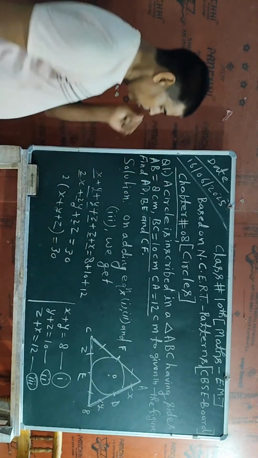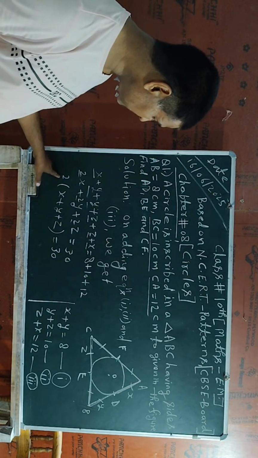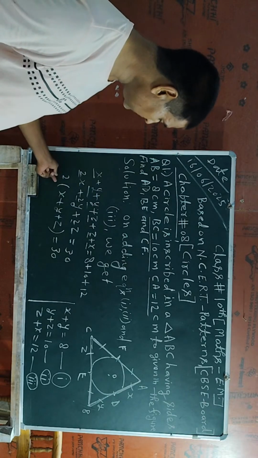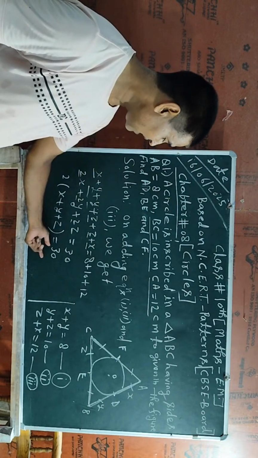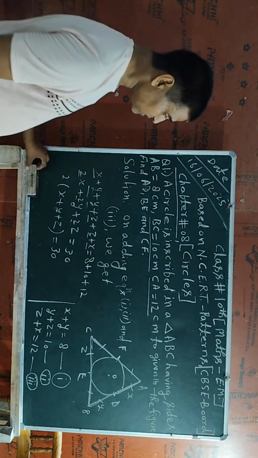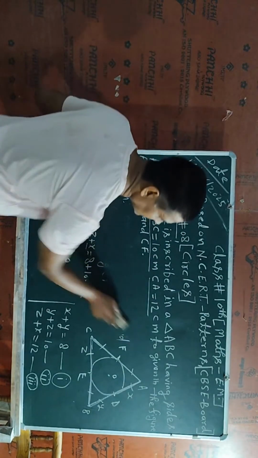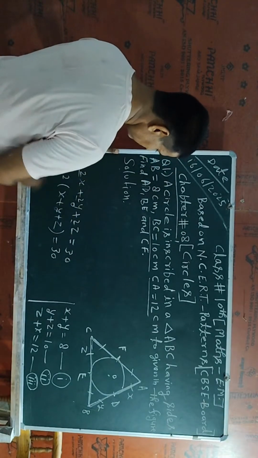Okay. Now further I will multiply here. 2 is multiplied with this parameter, so 2 will go to the right hand side, so I will divide 30 by 2, and after dividing I will get its value. Okay. For the calculation I am going to erase the above data. After erasing, I will write this value.